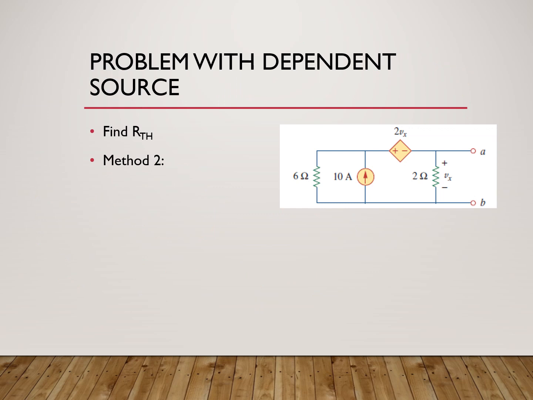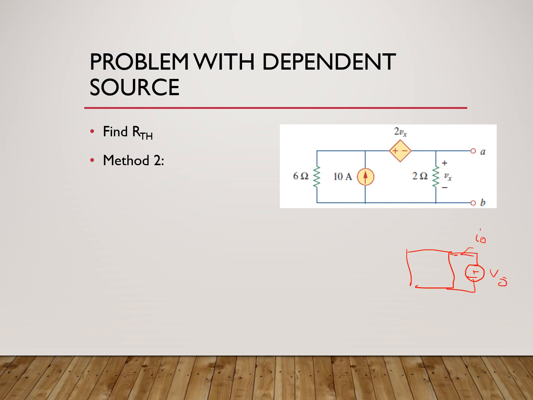Now the same problem if I do it with method 2. Method 2 says that here I will apply an external voltage source and find out the current, or I apply an external current source and find out the voltage. That is another method. Like we said earlier, in the circuit here we apply a known voltage source and find out the current IO.